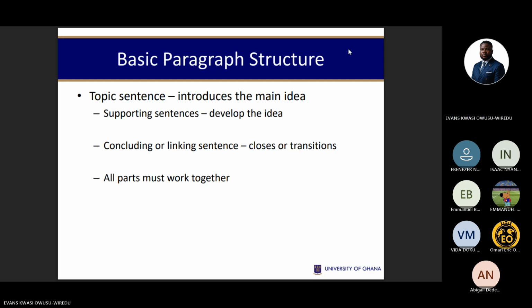So when you hear these words, there are some words that help us to know that this sentence is a concluding sentence or a linking sentence. So one of the characteristics are certain words that are transitional words or conclusive words, right?